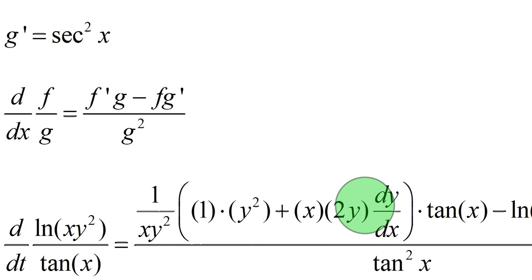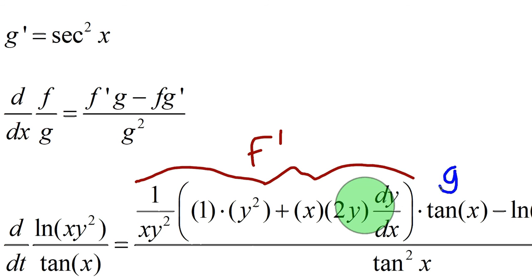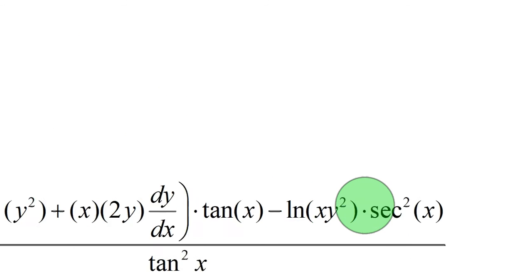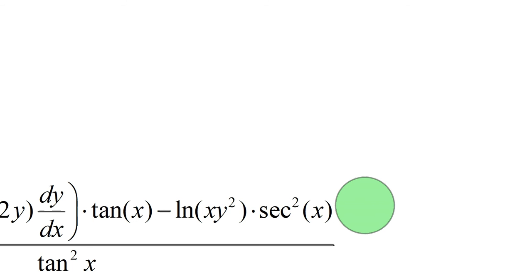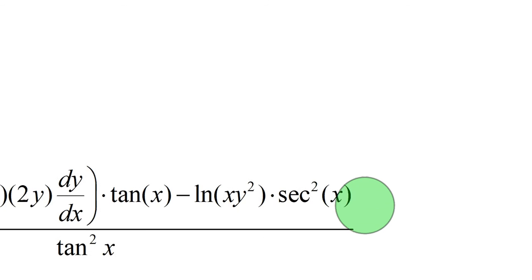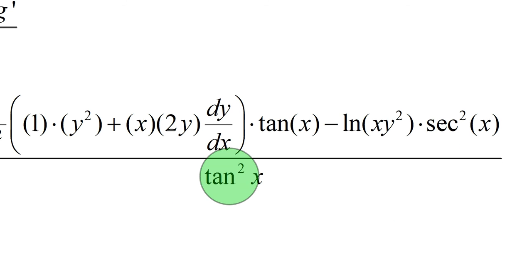So I will even label this for you guys so you don't get confused. All of this right here is f prime, okay? Then next we have g, minus f g prime, all over g squared.